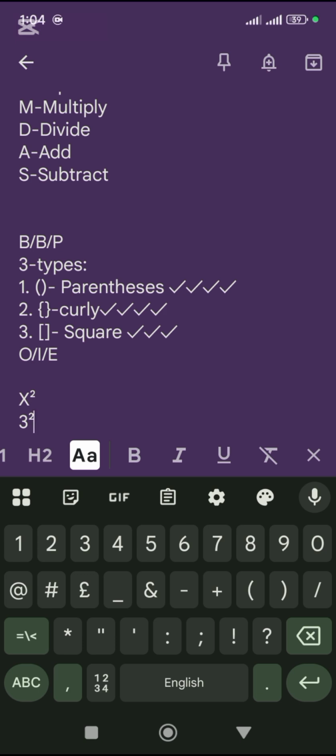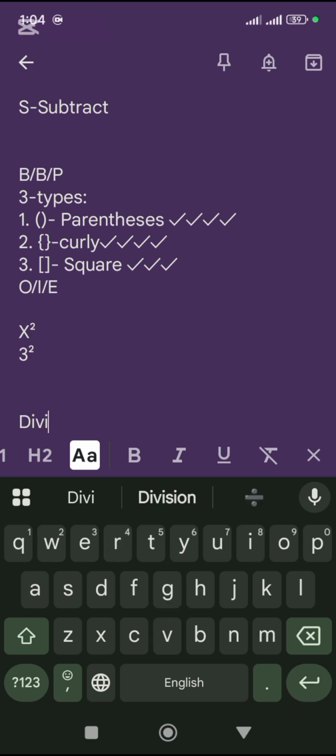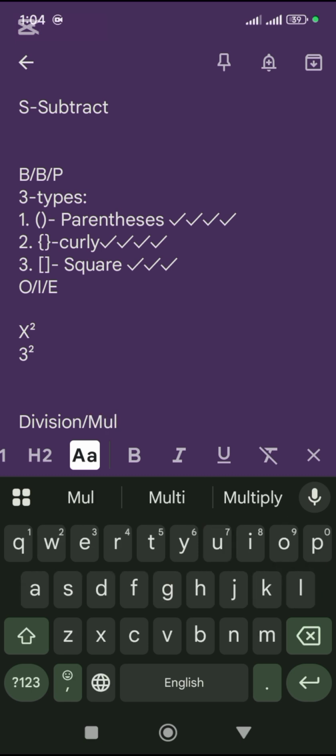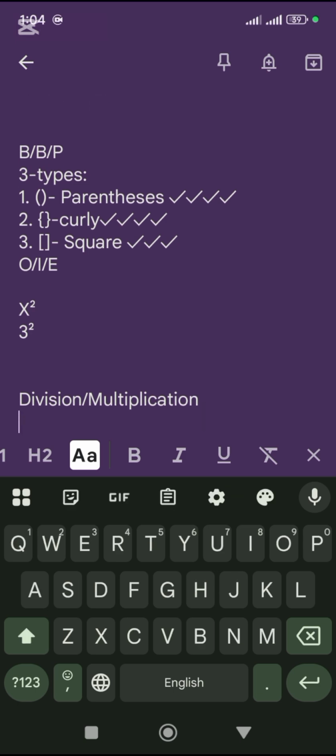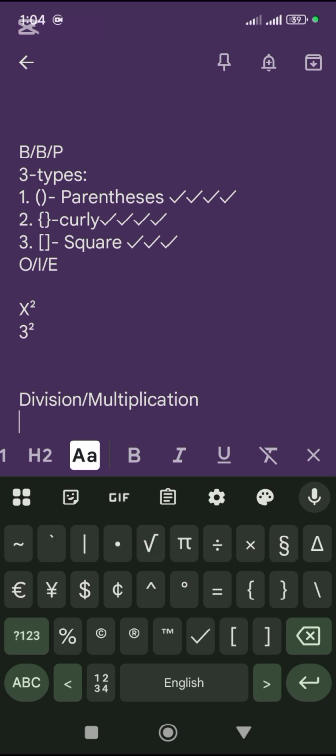All right. Another very important thing to note is this: anytime we have questions containing division and multiplication, the approach becomes a little bit different. You will solve that question starting from your left to your right.